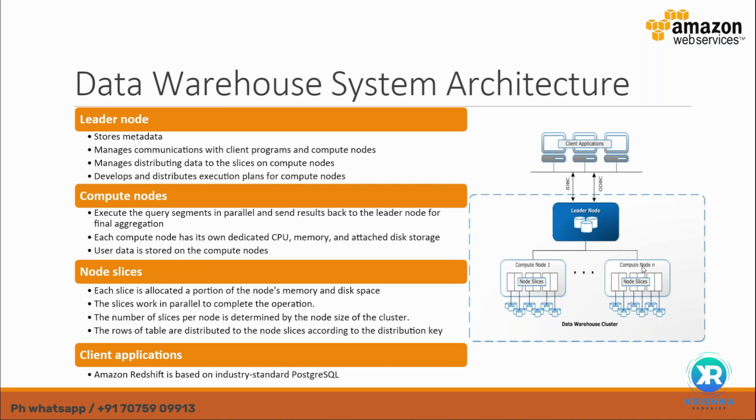Otherwise, if a user logs in, how would it know whether to allow this user or not? Or if we run a query, it should know that the table exists. That's what metadata is. The textbook definition of metadata is data about data, but actually it's a data dictionary. It has all the information about all the objects in the Redshift server.